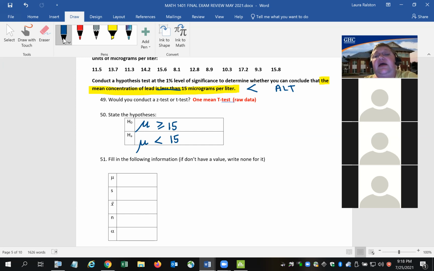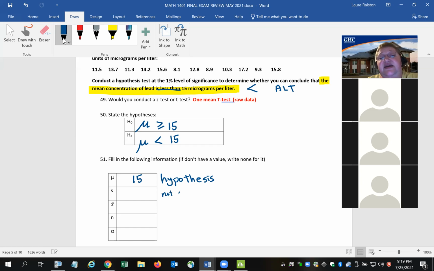Now, it asks you to identify the information, but you didn't get as much information in this problem, but Minitab will do it for you, okay? My population mean is 15. It comes from the hypothesis. Okay, I don't know the sample standard deviation because I have the raw data.